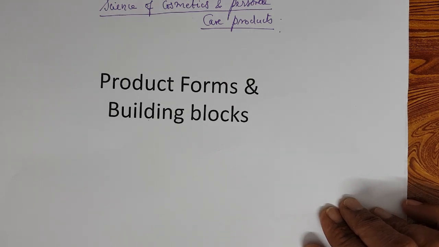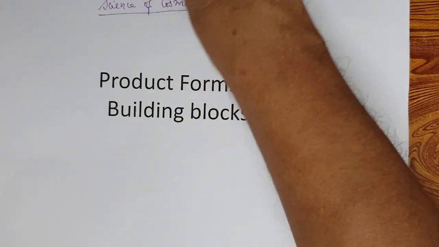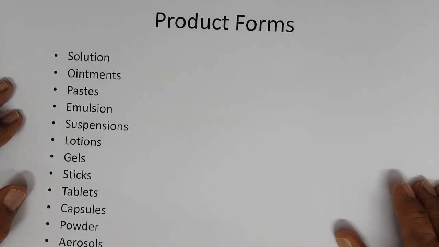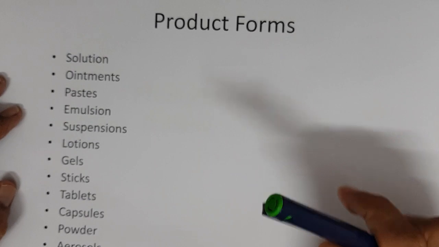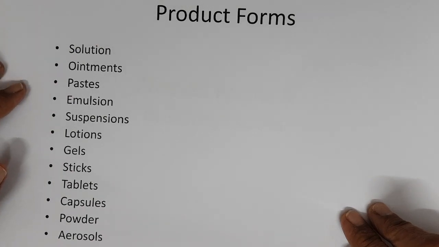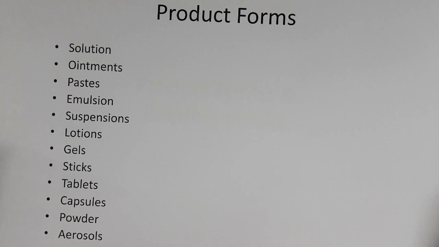So the product forms are solutions, ointments, pastes, emulsions, suspensions, lotions, gels, sticks, tablets, capsules, powder and aerosol, right?